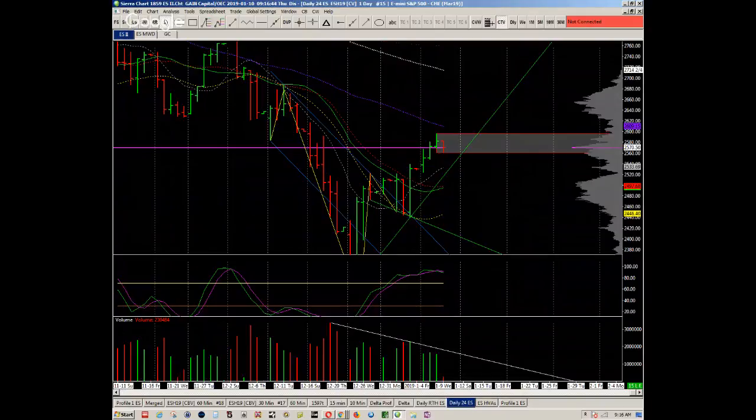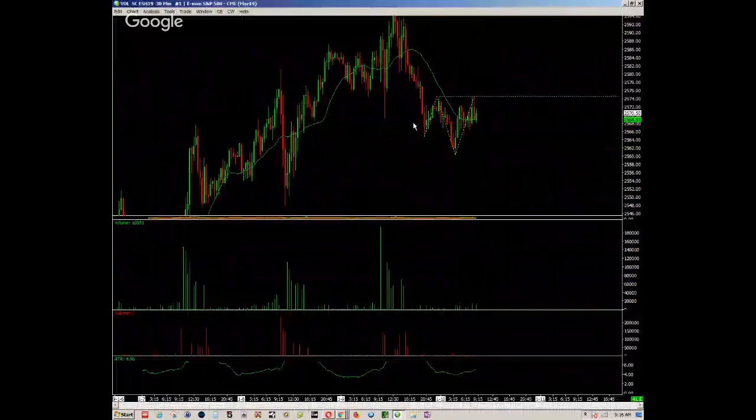So I'm going to pull in a 30-minute chart here. In this 30-minute chart, you can see that I've drawn this pattern here and a neckline. What is the support area? Well, it may be something as simple as this.